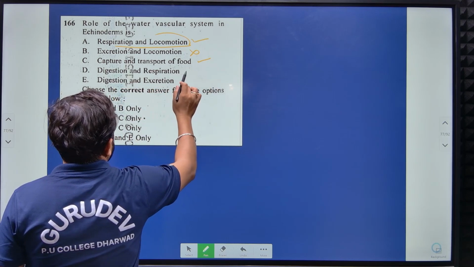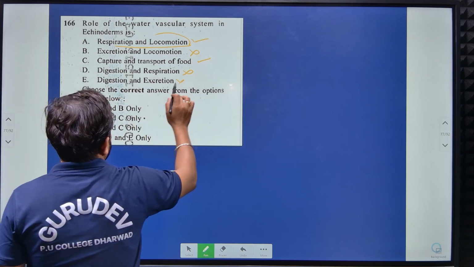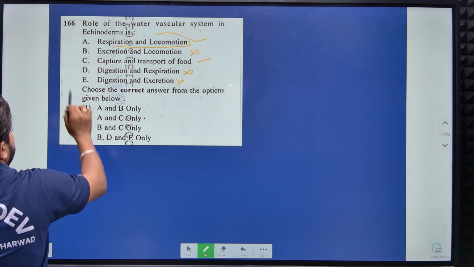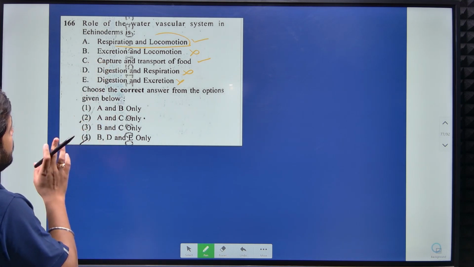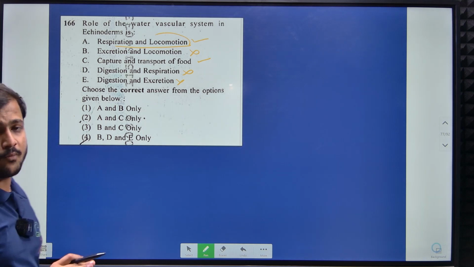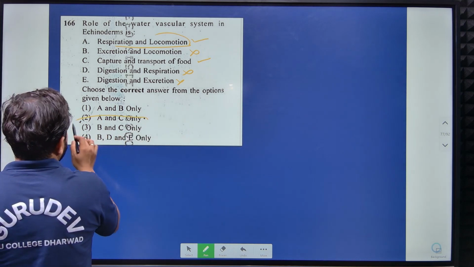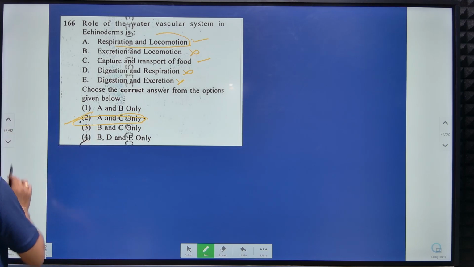Digestion and respiration, no. Digestion and excretion, no. Combination-wise, A and C are the correct ones related to the main role of the water vascular system in echinoderms. That is option 2, correct here, right?